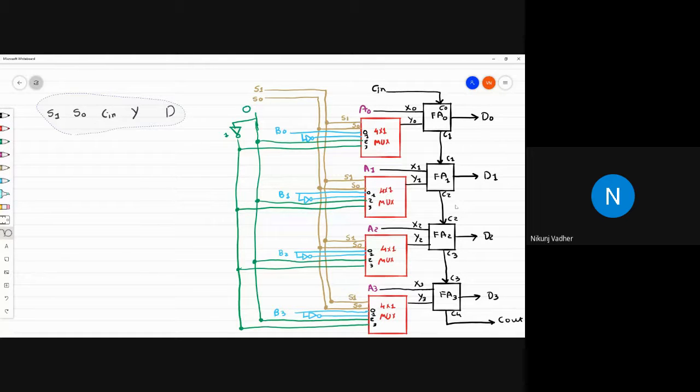Let me move all these things. Okay, so if there are 3 bits, then there are 8 possible combinations.